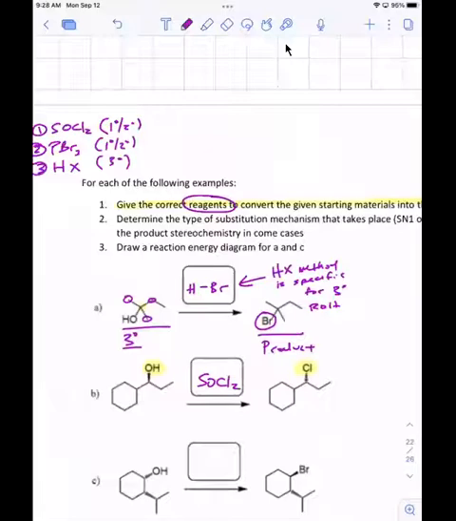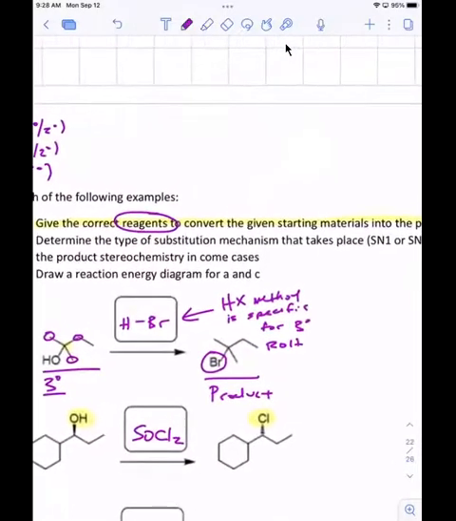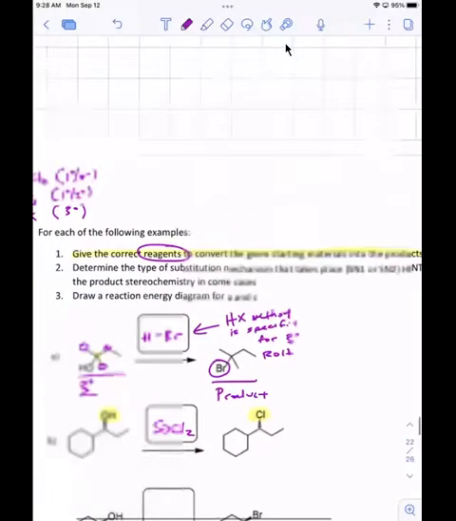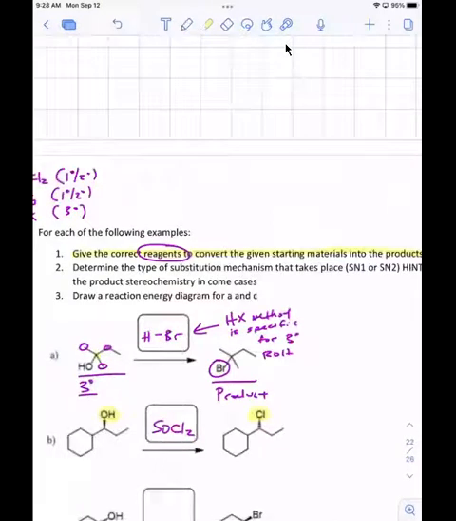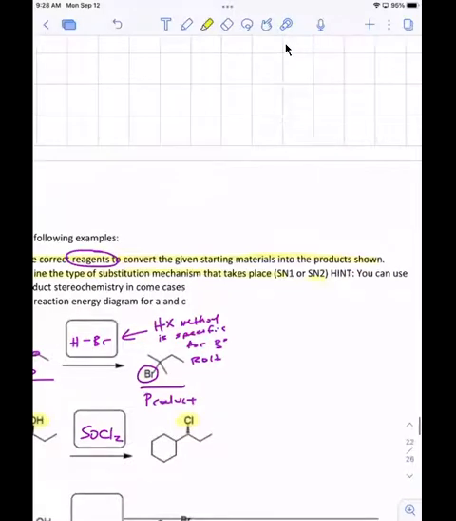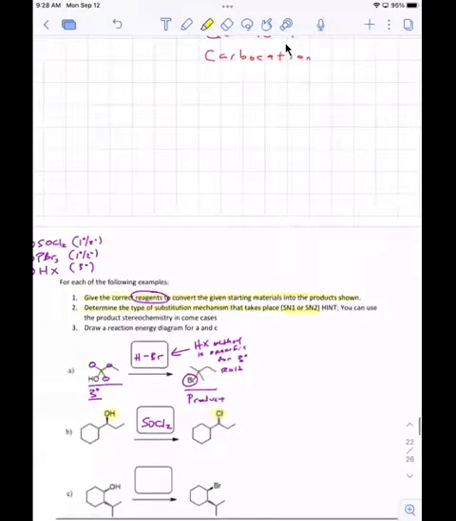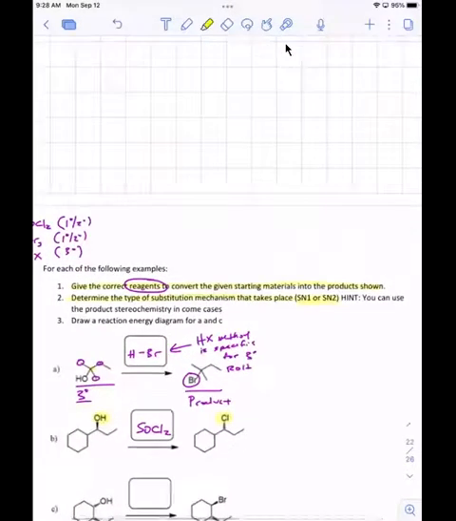All right, now let's look at the second question. We can go back and apply that to the first question as well. It says determine the type of substitution, SN1 or SN2. And then it gives a hint: you can use the product stereochemistry in some cases. I'm going to explain that part. But let's go back to the first reaction.